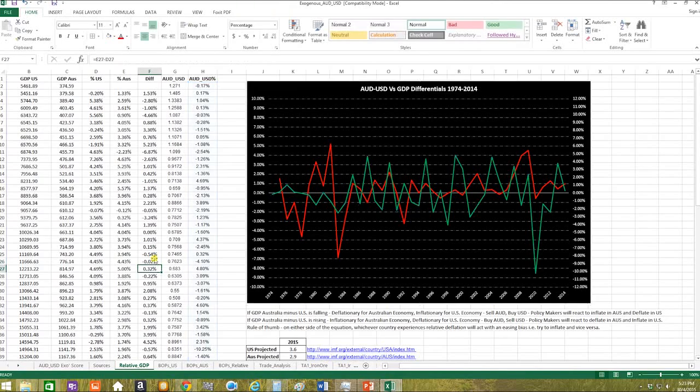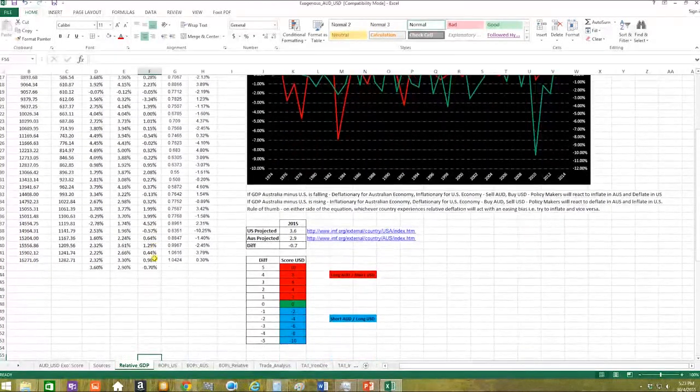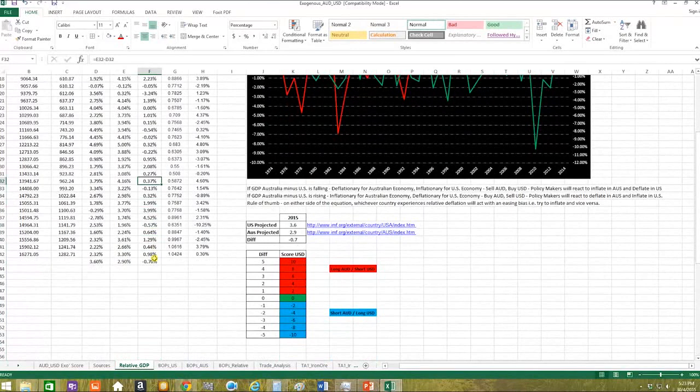And this is what we alluded to earlier when we were over at the presentation: when GDP in Australia minus the United States, so the gap between Australian GDP and US GDP growth, is falling, this is basically deflationary on a relative basis for the Australian economy and inflationary for the US economy.